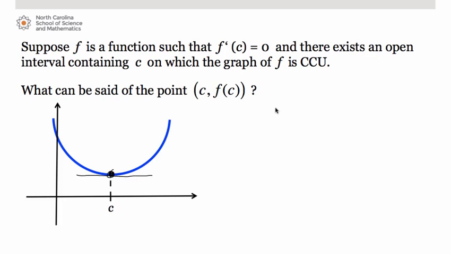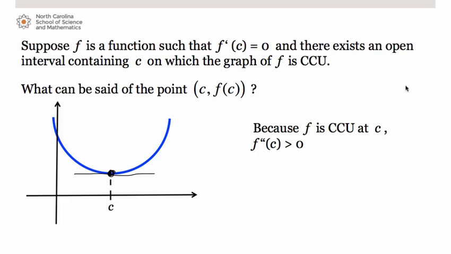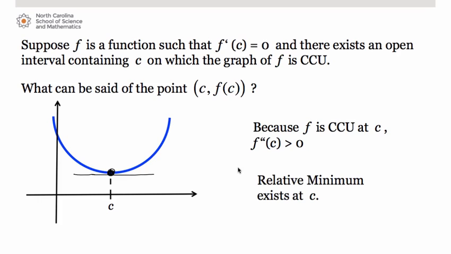So what can be said of the point c, f of c? Because we know the function is concave up at c, we know also that the second derivative at c is greater than 0. And observing what happens on the graph, we can obviously see a relative minimum exists at c.